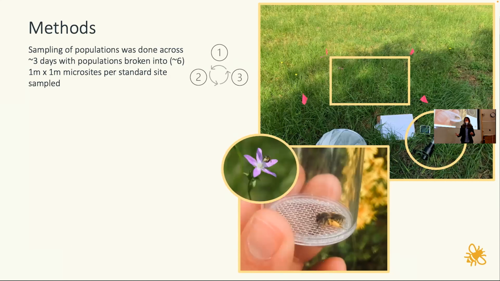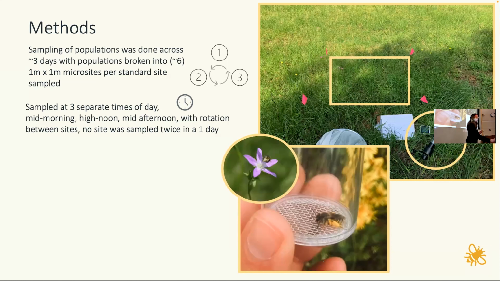For our standard methods, we sampled across 3 days generally, and we broke our sites into 1 meter by 1 meter microsites because of the patchy nature of Triodanis populations. We sampled at 3 different times of day so that we had temporal coverage across a day to look at any variability. And we didn't sample any site twice in 1 day, so we rotated between sites.